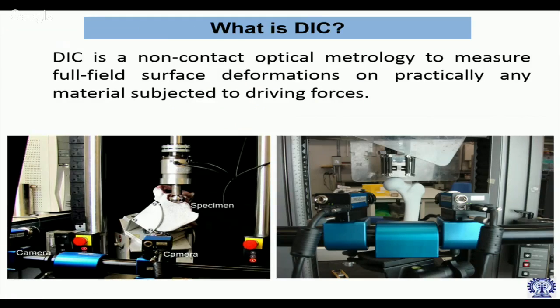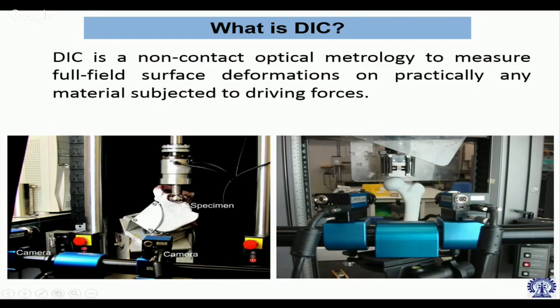subjected to forces. Okay, so this is an example of our own testing. On the left there is a pelvic bone, and on the right we have a femur bone. These both are natural, and you can see two cameras pointed on this specimen.